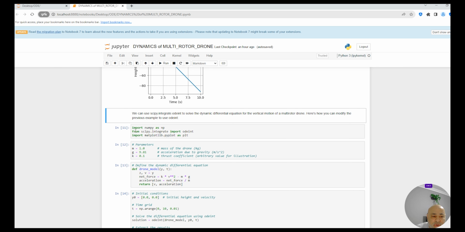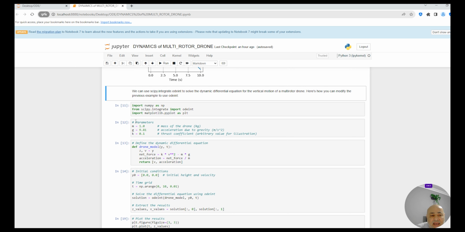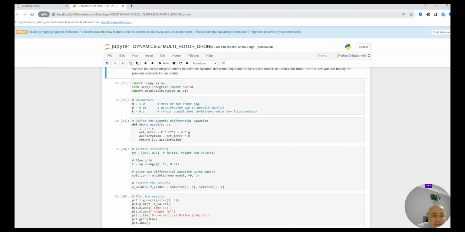So to do that, I had to say from scipy.integrate import odeint, and then in the second cell, I introduce my parameters and I initialize them. I said the mass is equal to 1, the gravity is this, and k is 0.1. And then I created my drone model and passed to it two variables, y and t.